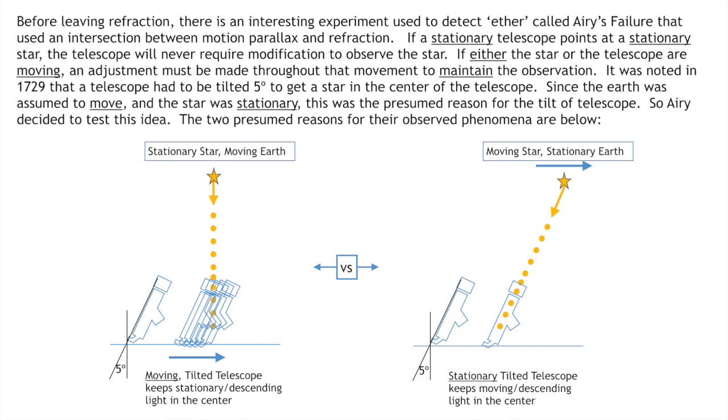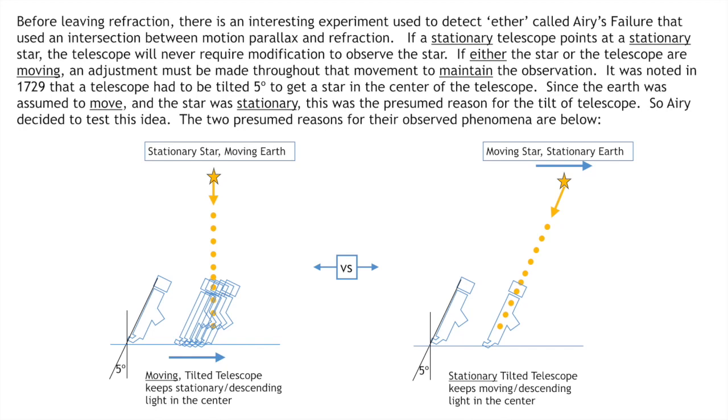Since the Earth was assumed to move and the sky was stationary, this was presumed to be the reason for the tilt of the telescope. So Airy decided to test this idea. And the two presumed reasons for their observed phenomenon are below. So given option 1, light moves straight down through the ether or atmosphere, moving in unison with the Earth.